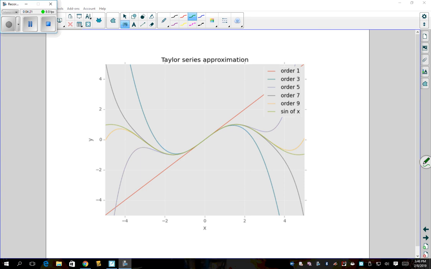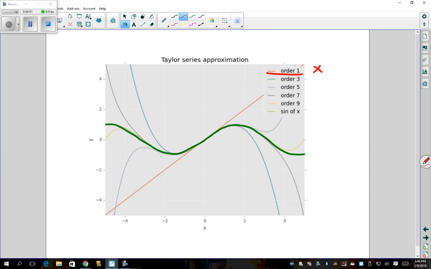And so if I look at the green, this is my function sine of x. When I'm using the Taylor series to approximate sine of x, and let's say I just took the first term of the series, so I only added one term, we can see that it's just a straight line. That red line would be just like saying, okay, x.